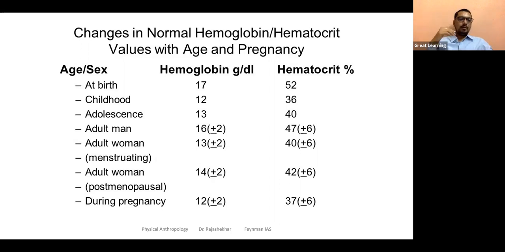At this stage women tend to be more anemic. Their hemoglobin levels are slightly less, approximately 13, versus men who probably have about 16. After menopause, after the menstruation cycle has ended, they tend to have slightly more hemoglobin, about 14 plus or minus 2. But still, women tend to have less hemoglobin than men, mostly because of the menstruation process.